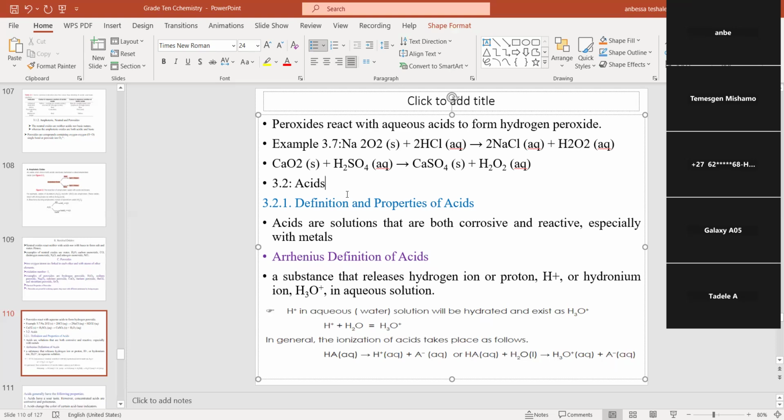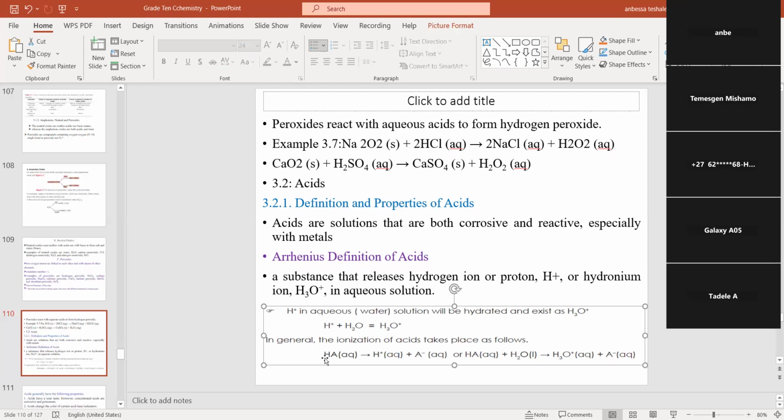Arrhenius definition ምንድነው የሚለው ካለን ማንኛውም ሰብስታንስ water ውስጥ dissolve ሲሆን ሃይድሮጅን ሪሊዝ ማድረግ የሚችል ማንኛውም ሰብስታንስ አሲድ ነው የሚለው። Any substance that dissolves in the water and releases hydrogen ion or hydronium ion is an example of what? acid ነው ብሎ ነው define የሚያደርገው። So this is a general representation of acid, HA.